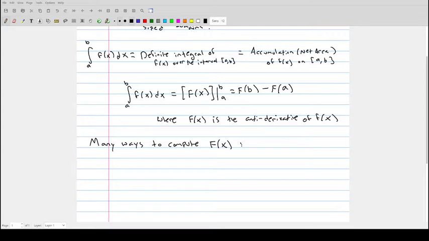These include the substitution method, integration by parts, or IBP, partial fraction decomposition, PFD for short, and trig substitution, or trigonometric substitution.